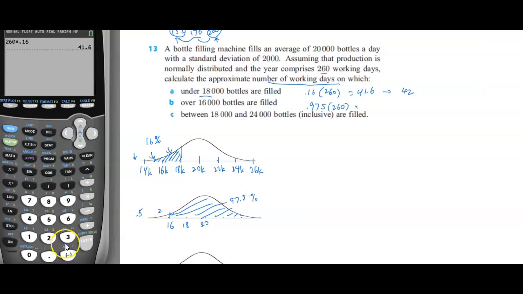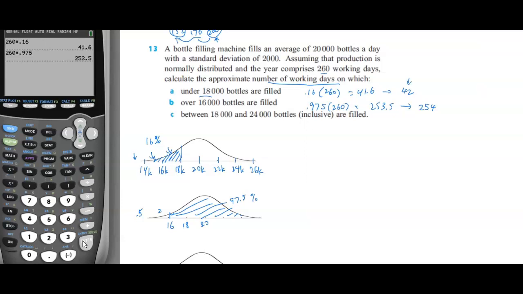Let's use the calculator again. 260 times 0.975. 253.5. I would round that to the nearest number of days. 254. Notice that here we rounded to the nearest number of days even though it wasn't 3 sig figs.